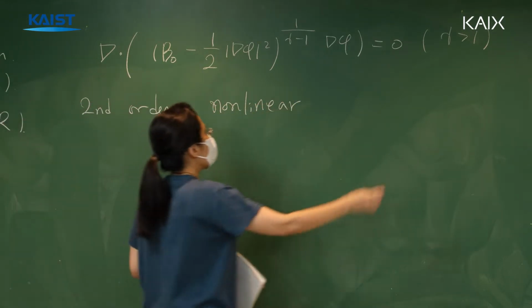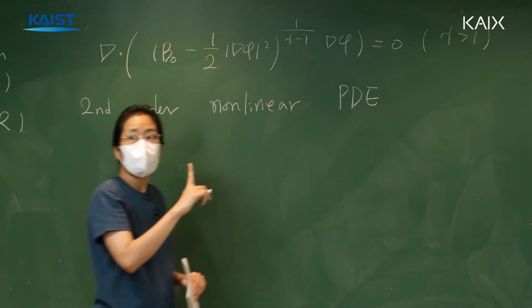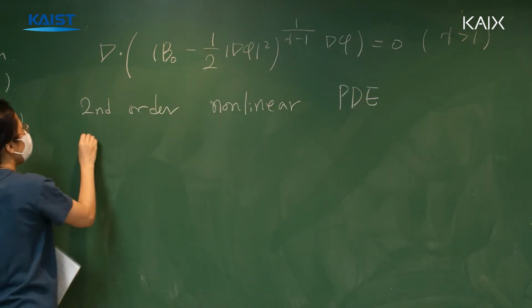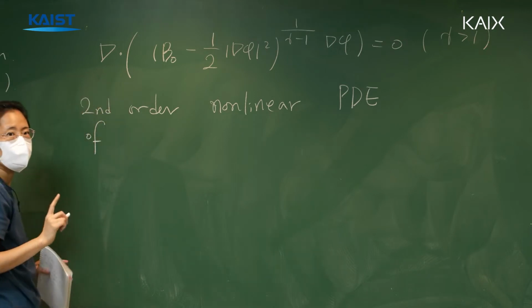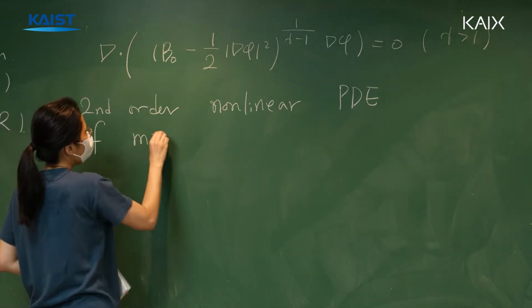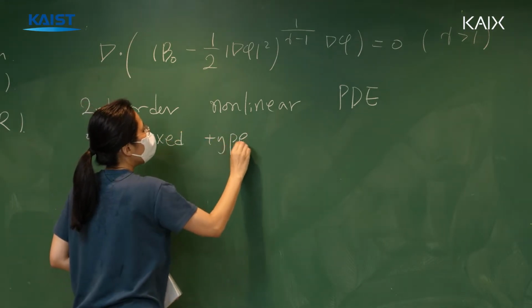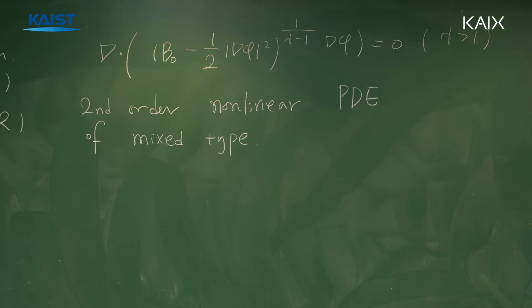But most importantly, the type of this equation is not single. Actually, it is a mixed type. This is the interesting point that we want to look at further today, okay?